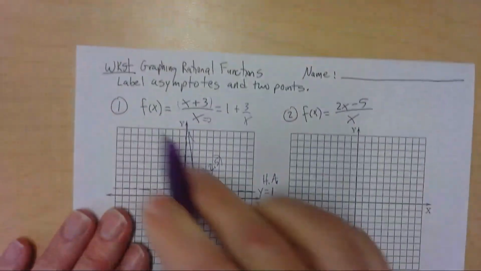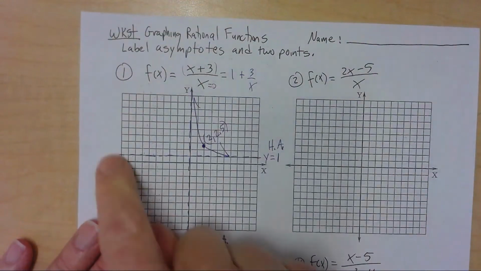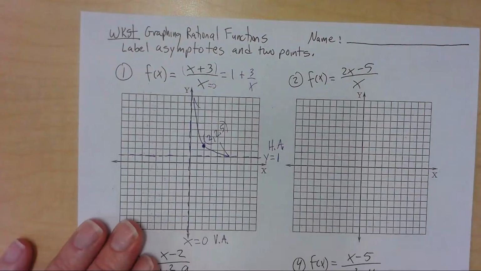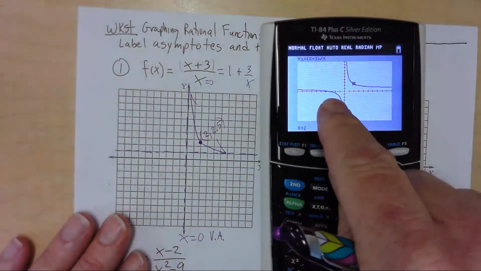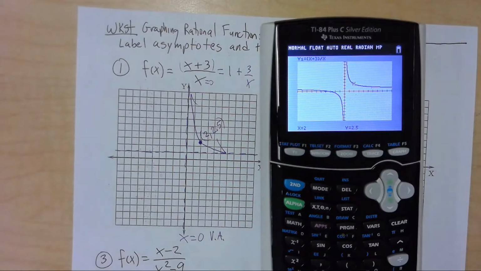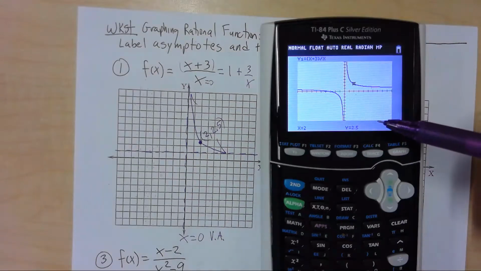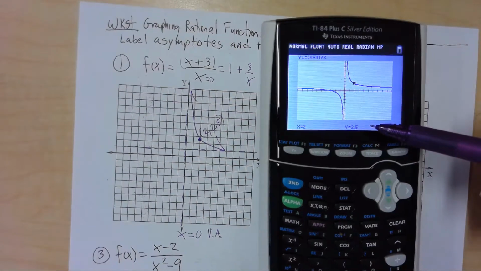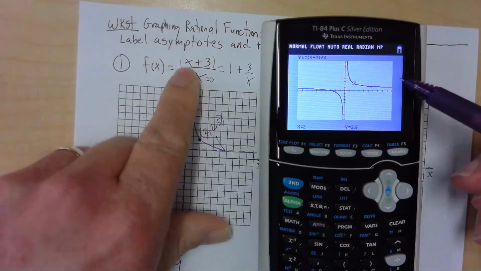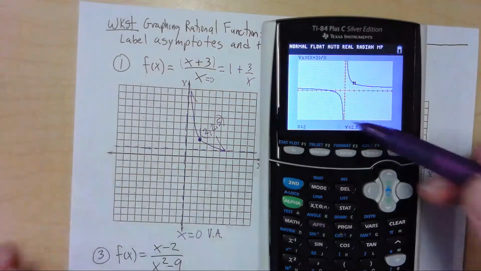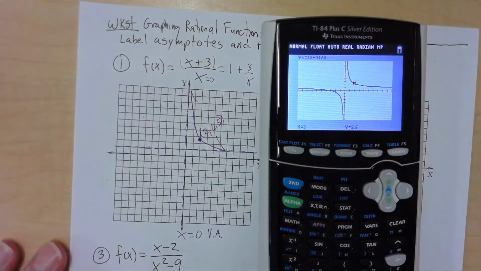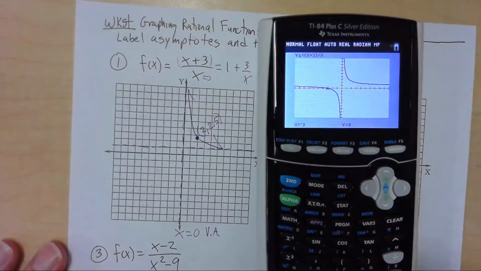So it says label the asymptotes. I got the horizontal one and the vertical one. I labeled that. And then I put a point there. But notice the graph is over here too, so I need a point over there. Well, the best point to use would be -3, because -3 plus 3 would be a 0 of the function, and you can see it crosses at -3. So to prove that, -3 goes in, out comes 0.